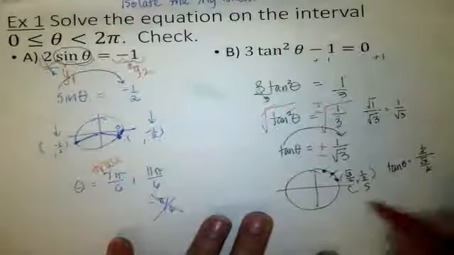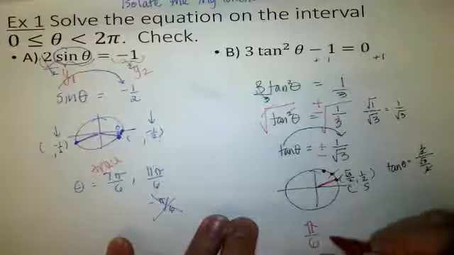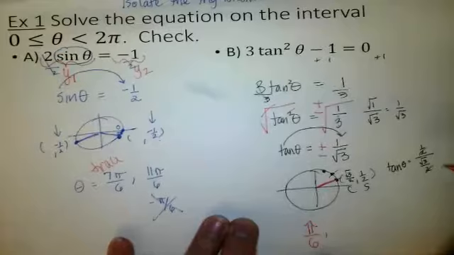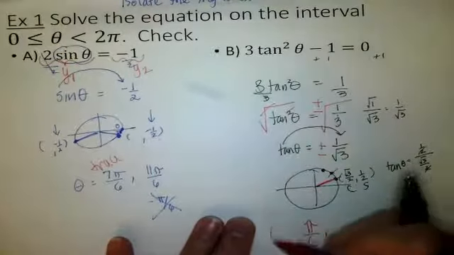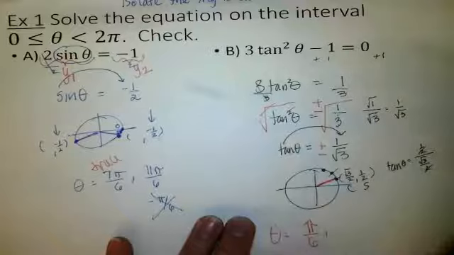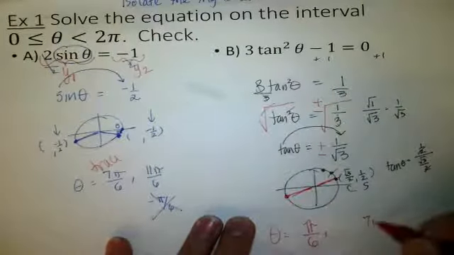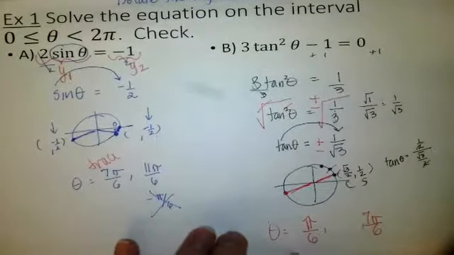So that looks like a winner right there at pi over 6. Gives me positive 1 over radical 3. Then, where's another solution? Quadrant 3 right here. 7 pi over 6 is true. That also is positive 1 over radical 3. What else?